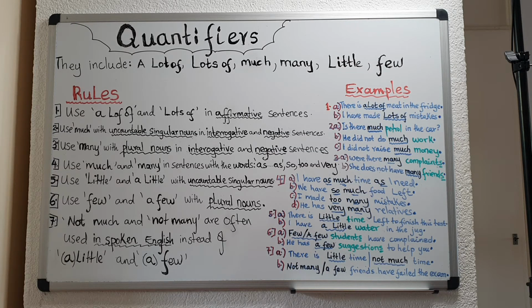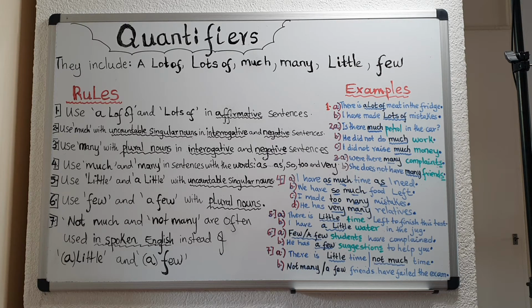Use many with plural nouns in interrogative and negative sentences. So you can use many as a quantifier, but make sure you use many with plural nouns, okay? Like car, cars. Car is singular, cars is plural.